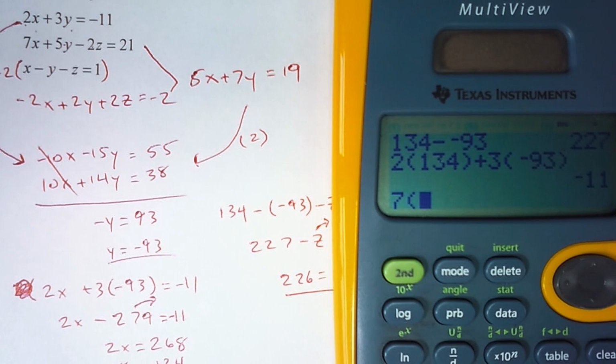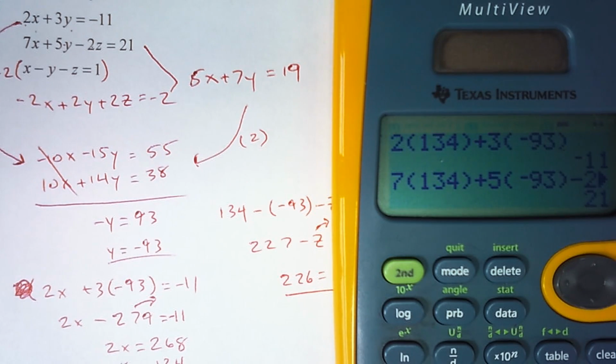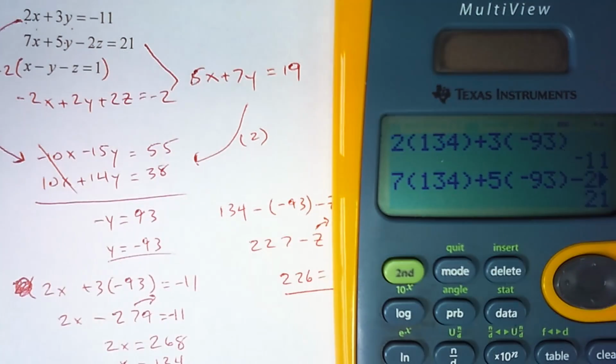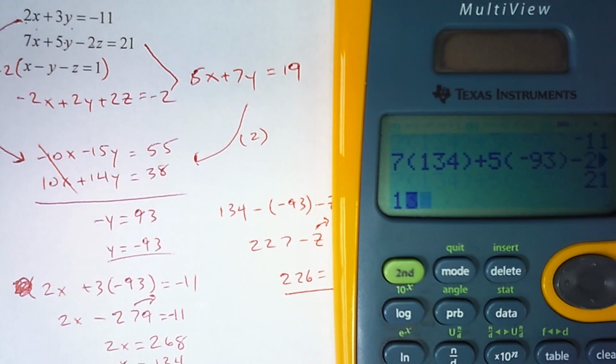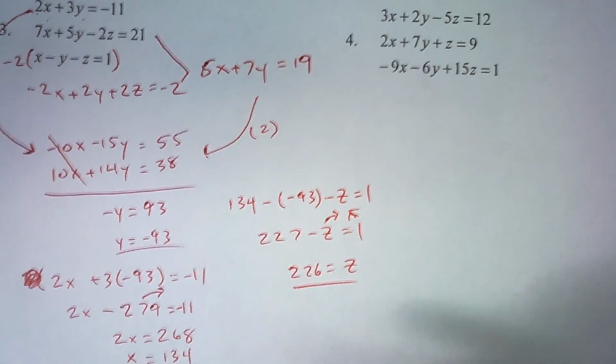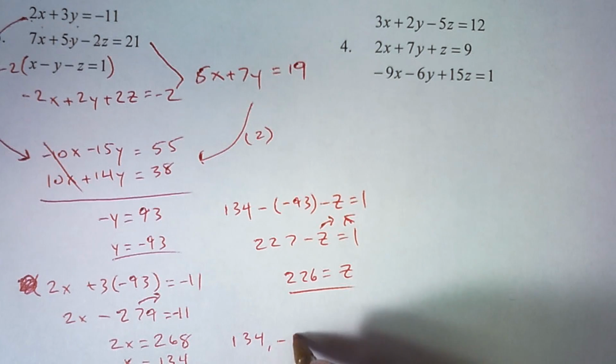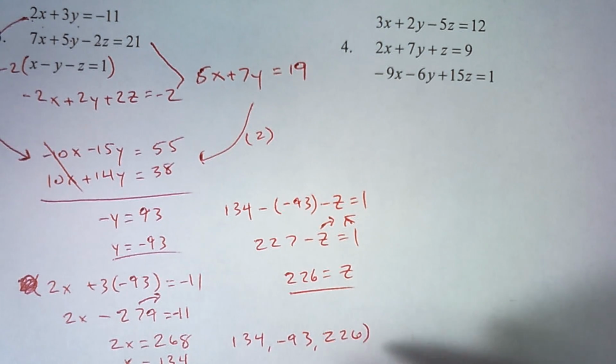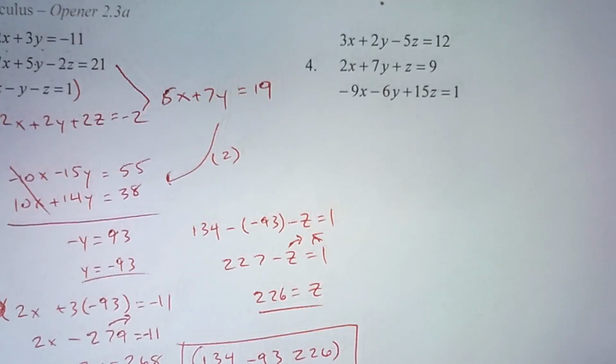So 7 times 134 plus 5 times negative 93 minus 2 times 226 equals 21, just like it's supposed to. So it worked in the second equation. And then 134 minus negative 93 minus 226 equals 1. So that means our solution checks out. So 134, negative 93, 226 is the correct solution.